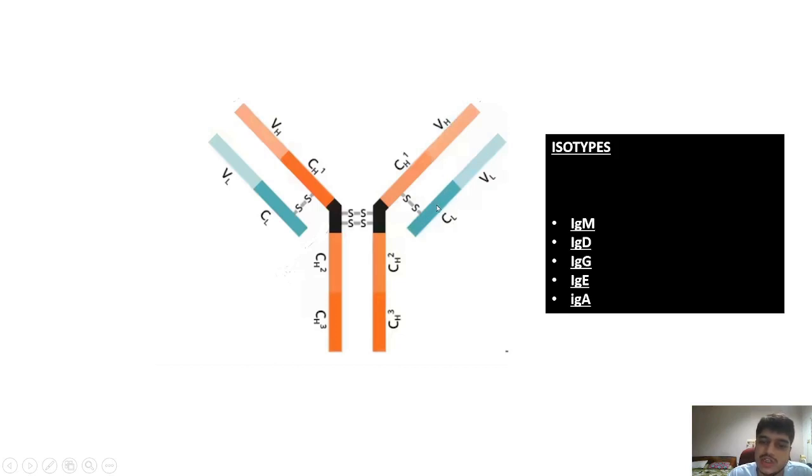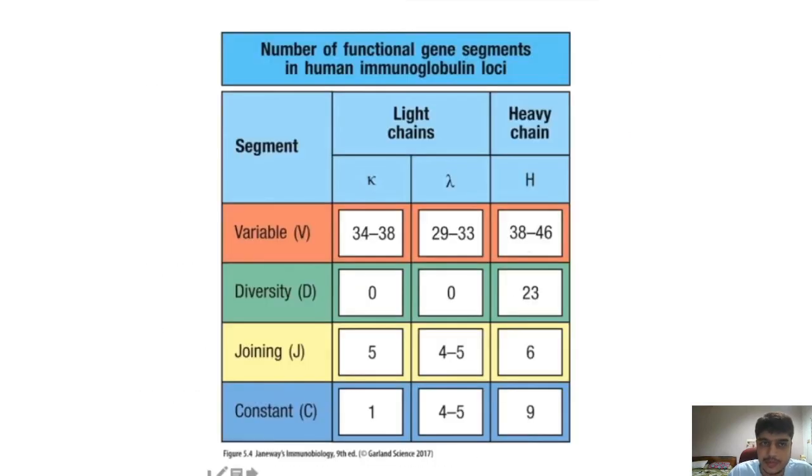The constant segment of the light chain will give this constant region, whereas the constant segment of the heavy chain is going to give the constant region of the heavy chain.